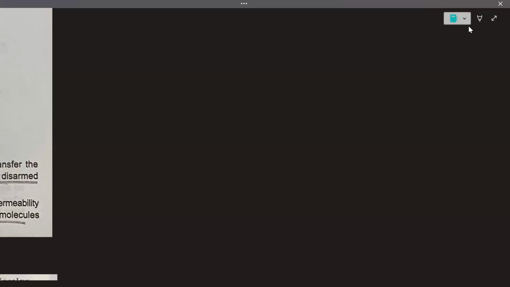Oviduct or the fallopian tube, ovary, uterus, cervix, I guess, and then vagina. Okay, so the fallopian tube, ovary, uterus, vagina, cervix. These are the reproductive parts of female.